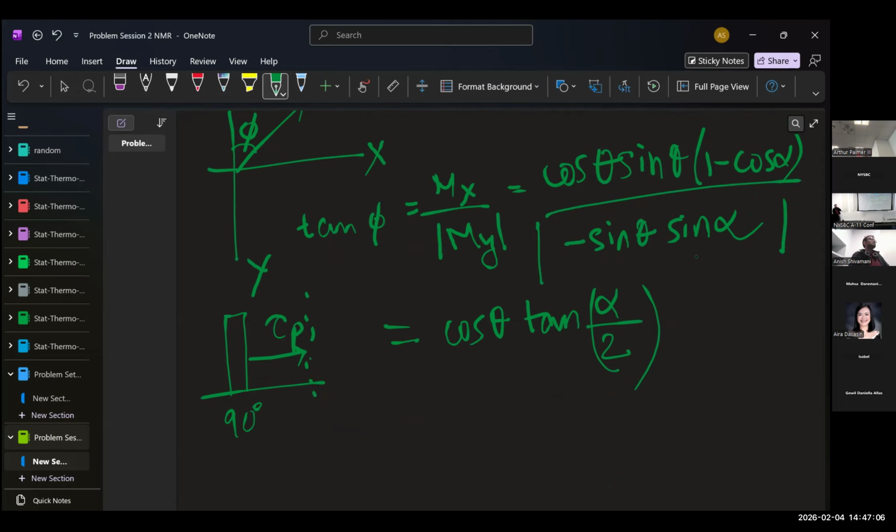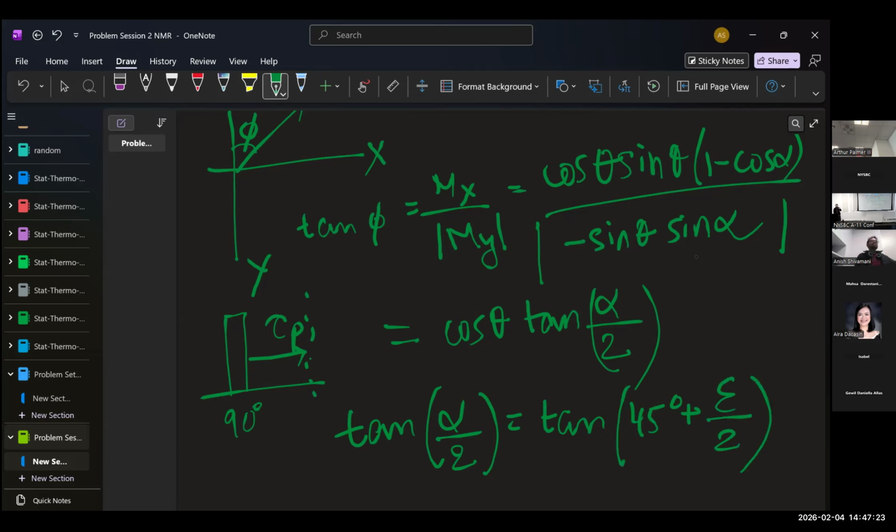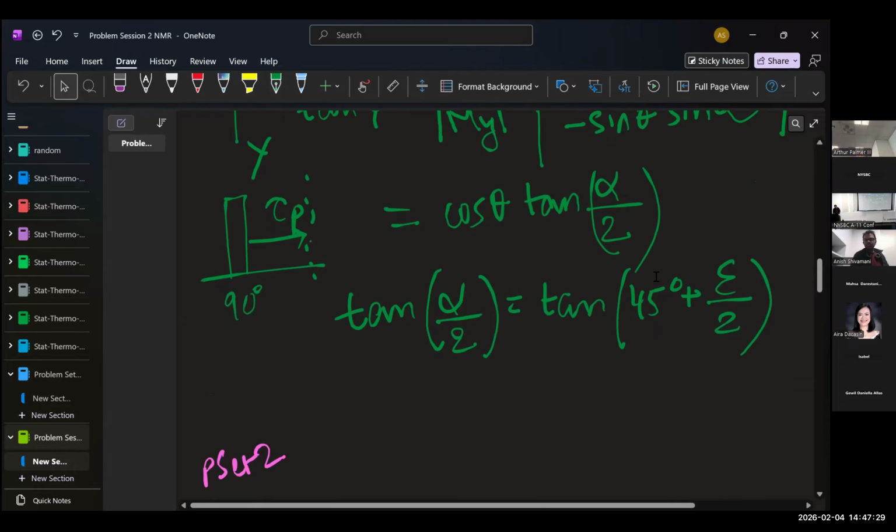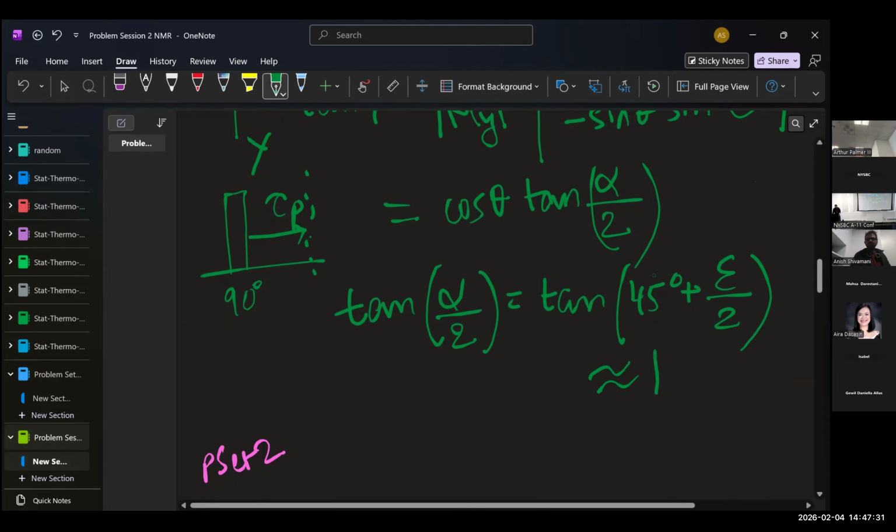So assume alpha is approximately 90 degrees. The tangent of something that is, in other words, I'm saying epsilon is the angle that Art was describing, that is the extra between the flip angle and 90 degrees. The approximation of that is roughly 1.